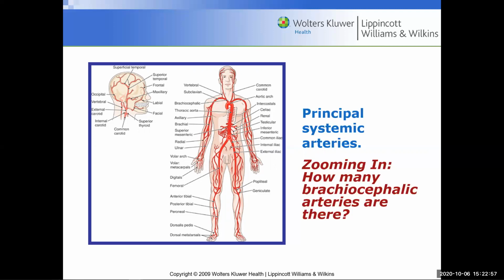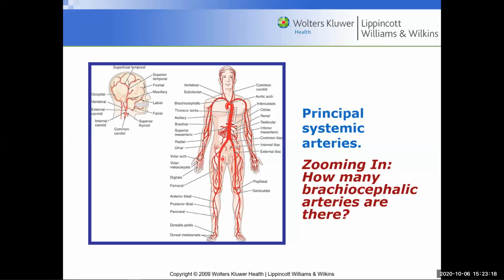Going inferior, or downward, from the heart: the celiac, renal. This is the testicular artery, inferior mesenteric, common iliac, internal and external iliac, popliteal, this is one right behind the knee, and the geniculate. These are the ones you have to know here.